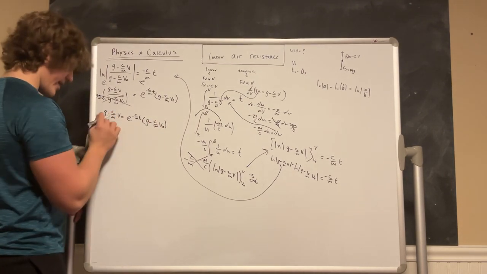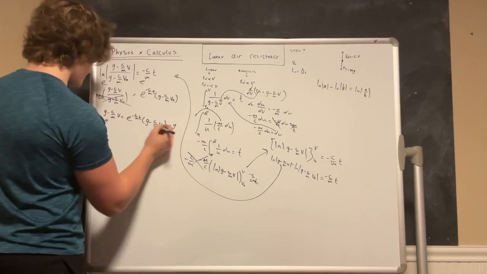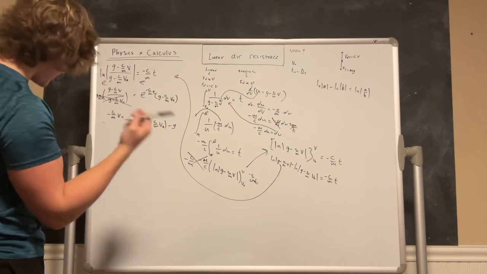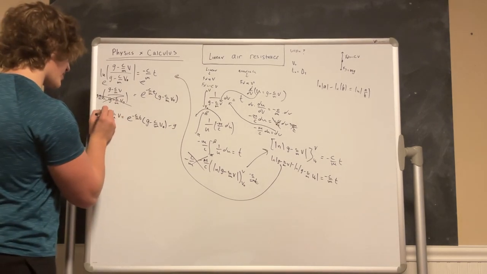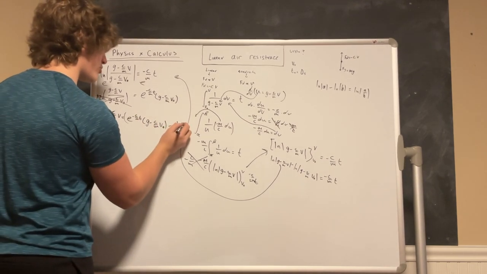Now we are going to subtract g from both sides, and this gives us that negative c over m times v is equal to this right here. So let's multiply by negative m over c to cancel this out, so this is all multiplied by negative m over c.